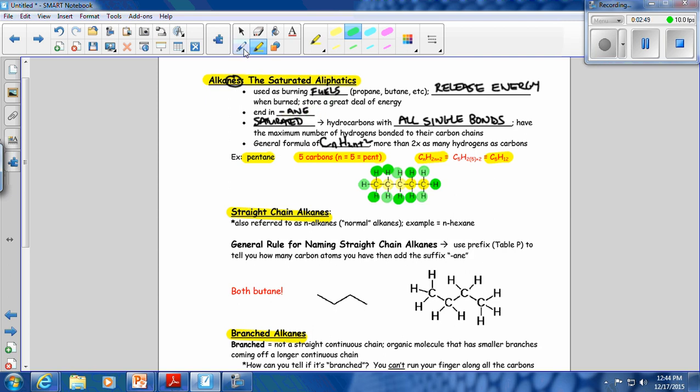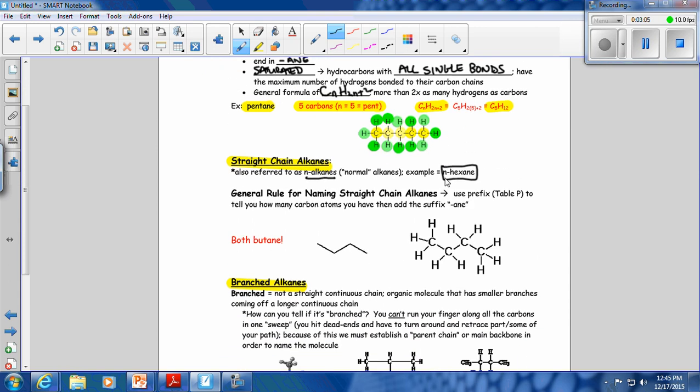Now, specifically with the straight-chained alkanes, no branches whatsoever, they're also referred to as n-alkanes, normal alkanes. An example would be n-hexane. You'll see the example of hexane many, many times within this unit.